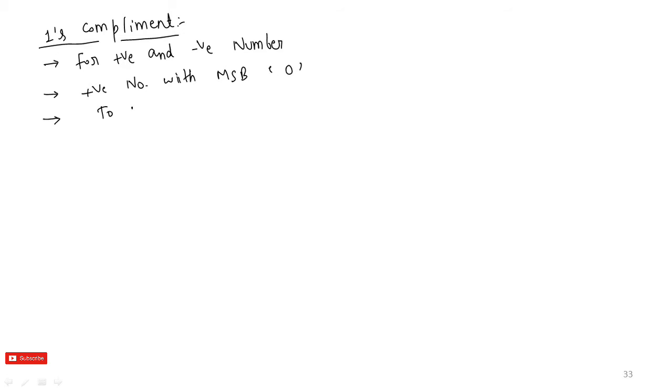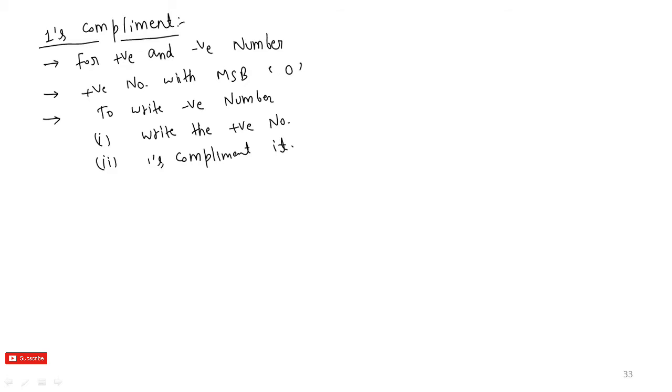To write a negative number, the procedure is: first, write the positive number. And second step, ones complement it. Simple procedure.